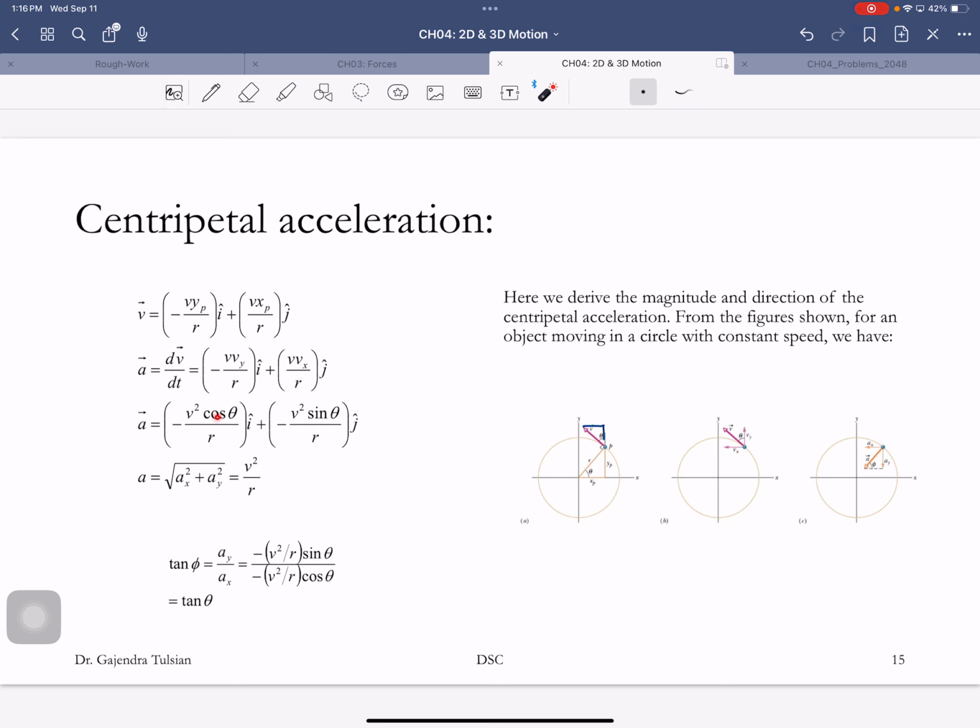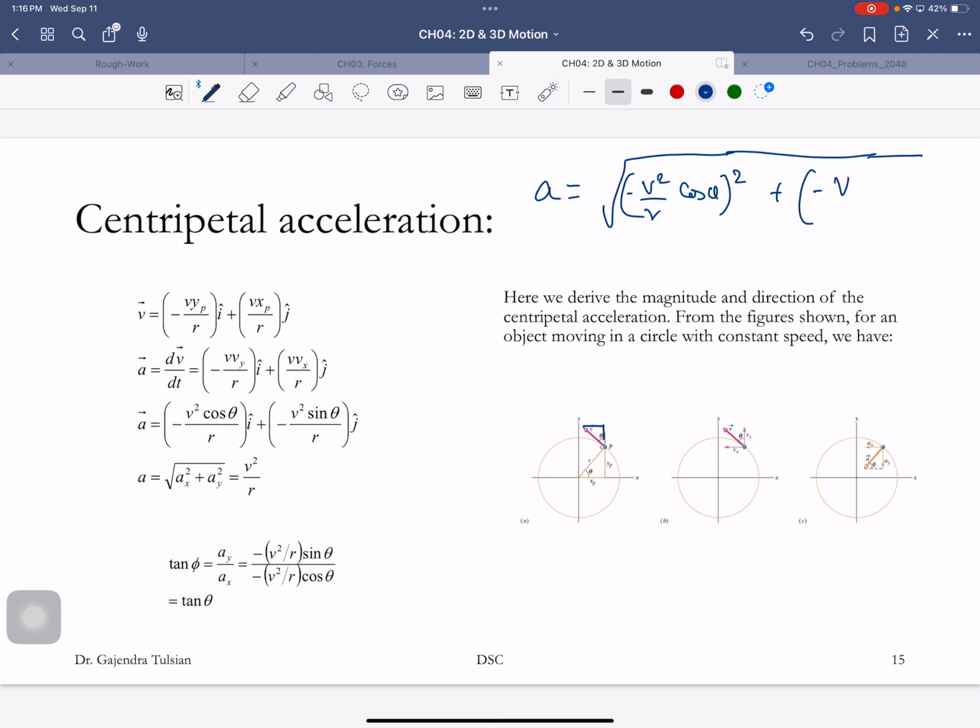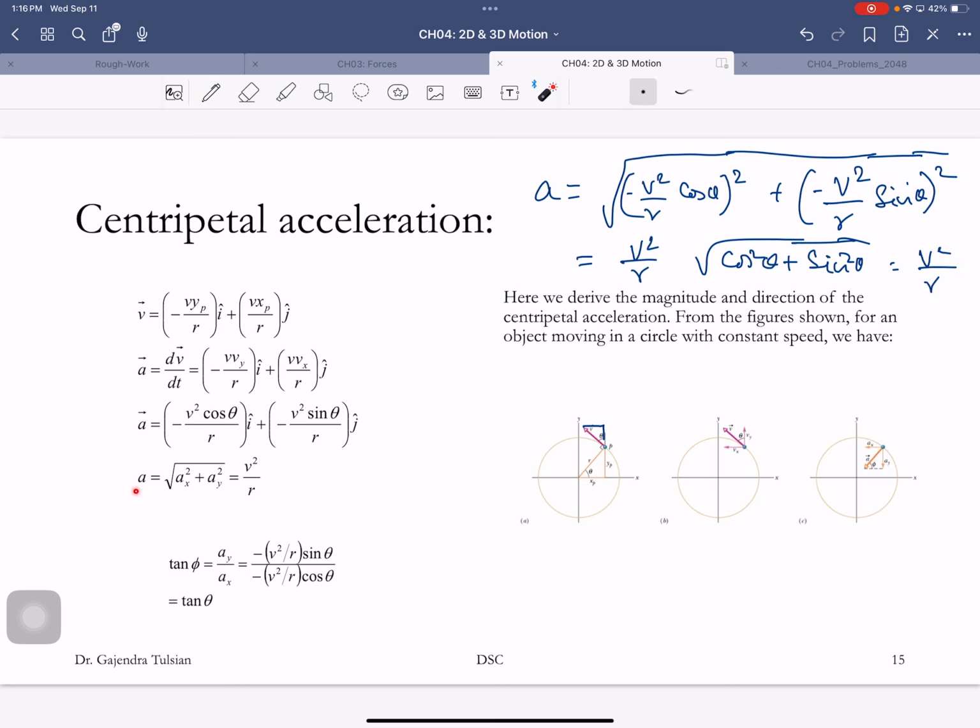You take that, and what you get is a cosine squared plus sine squared term, and v squared by r. So the magnitude of the acceleration is the square root of v squared by r, cosine squared theta plus sine squared theta. The v squared by r comes out, and cosine squared theta plus sine squared theta is one.